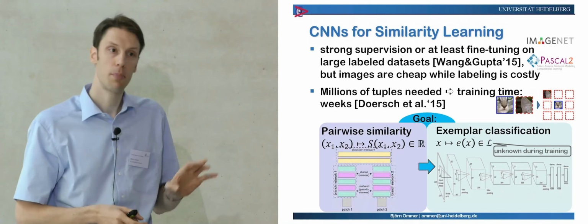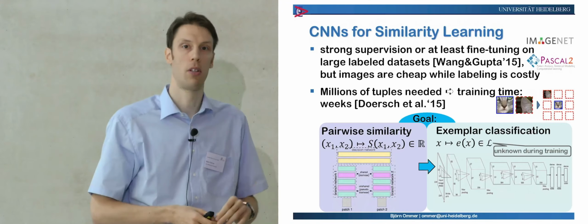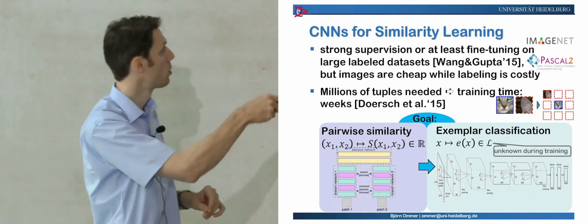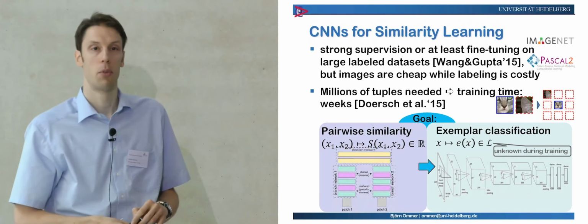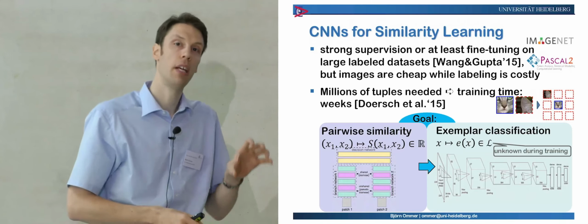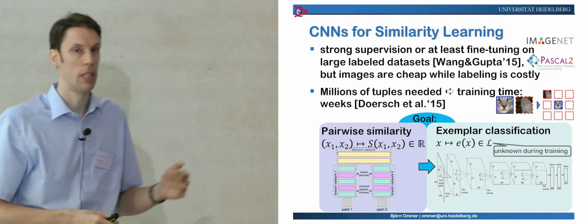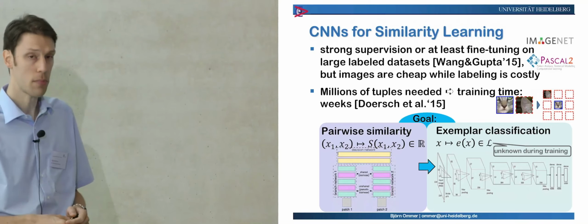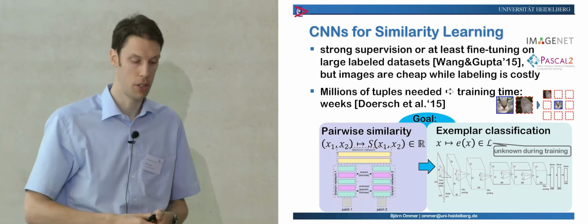And there's been a recent stream in the field to avoid at least this pre-training on large data sets, but even approaches like this one from Gupta's group, which just recently came around, eventually relied upon some fine-tuning on a larger data set like Pascal, for instance. So what we want to do is avoid all of these labels and just take the images.